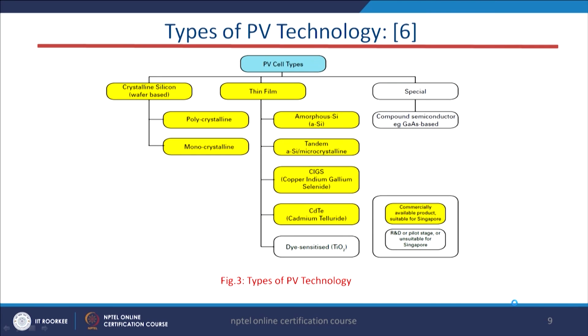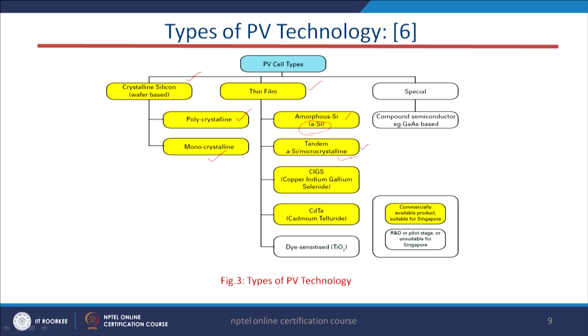Okay. And here is a broad discussion on this particular technology. As far as crystalline silicon is concerned, we have polycrystalline and also monocrystalline type solar cells. And as far as the thin film is concerned, we have amorphous Si, that is a-Si, and the second one is tandem, that is a-Si and microcrystalline.